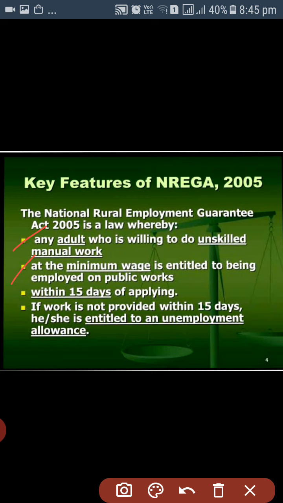If anybody applies for work under NREGA, then within 15 days they will get the work.